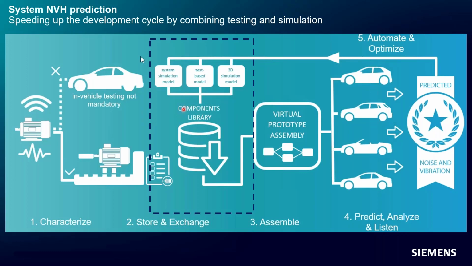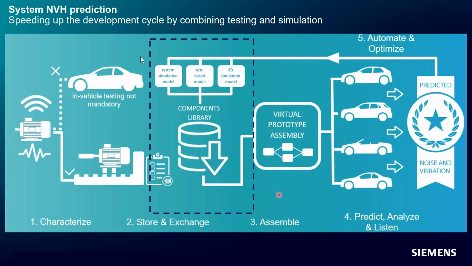These components can be built from test data, like using physical testing, or from CAE data, like simulation data. The simulation can be from 3D models or system simulation models from 1D. 3D means the finite element based analysis, and 1D means the physics based analysis and such. We'll see how to bring this data into Test Lab to generate this component library, which will then be used for this virtual prototype assembly.